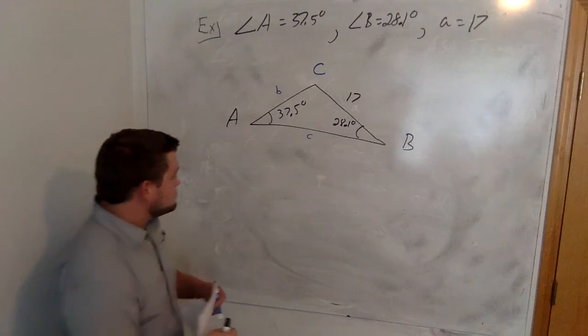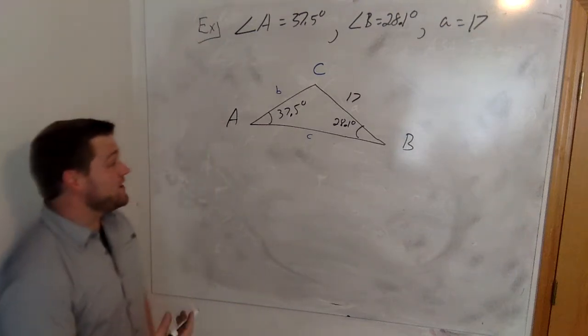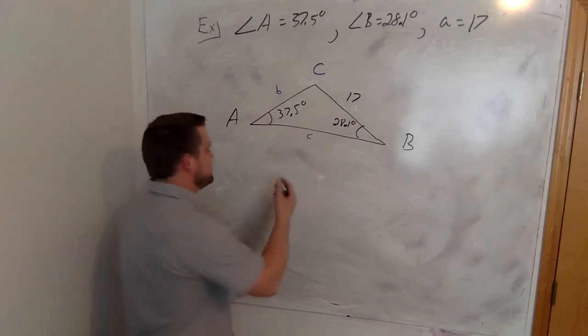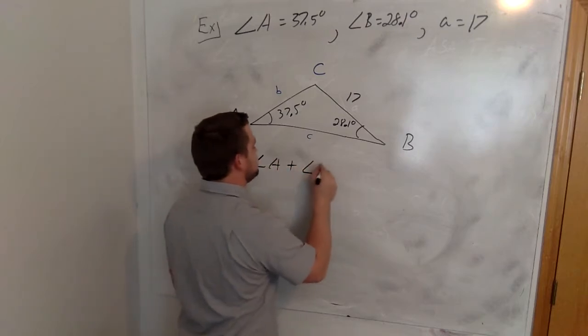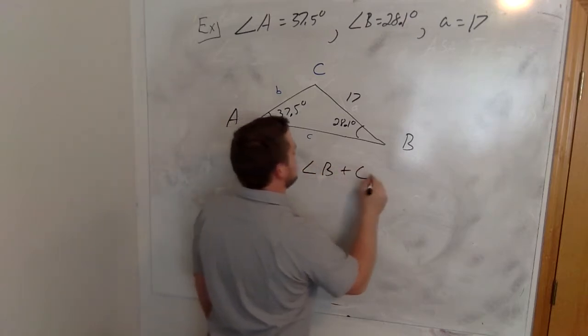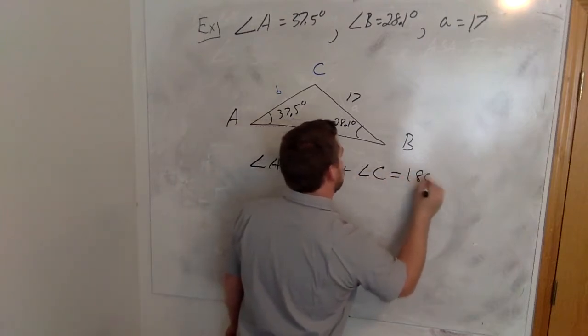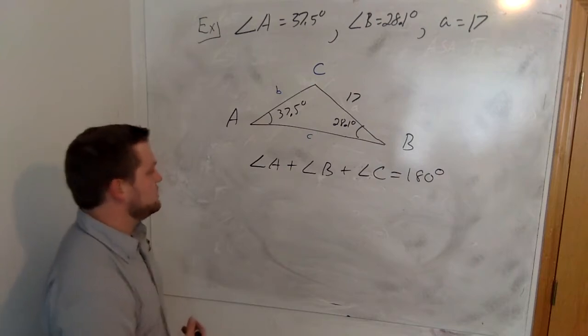Okay. So the first thing we're going to notice is that the sum of the angles of a triangle always add to 180 degrees. So what we should make a note of is that angle A plus angle B plus angle C will add to 180 degrees. If we were working in radians, they would add to pi radians.